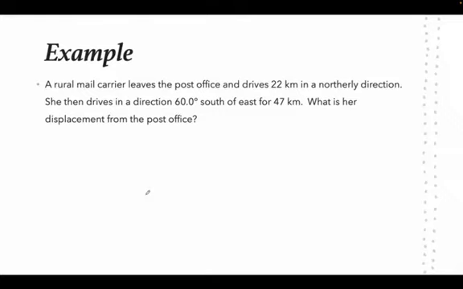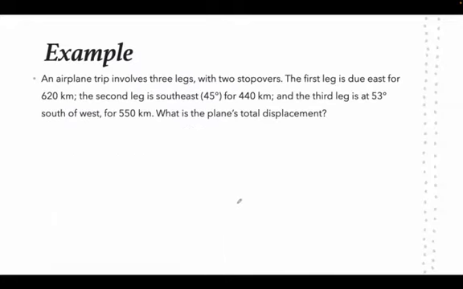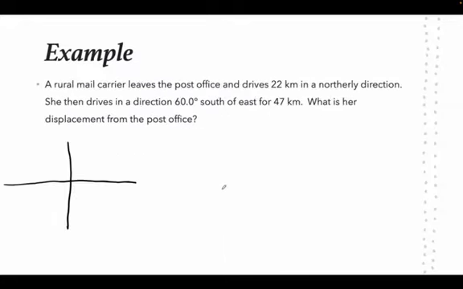Here we have a mail carrier that leaves the post office and drives 22 kilometers in a northern direction. I'm going to first draw my axes: my y-axis and my x-axis right here.